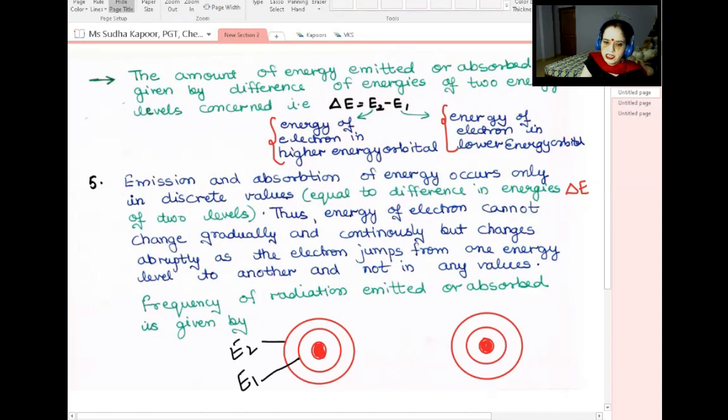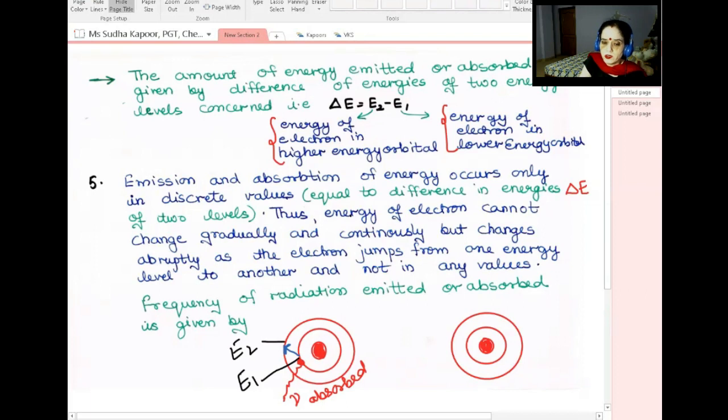If radiation of a particular frequency is provided to E1, that frequency of energy radiation is absorbed by the electron present in the E1 level, and then it will move from the E1 level to the E2 level. By absorbing the energy, it moves from E1 to E2. So it gets excited and the energy is absorbed.